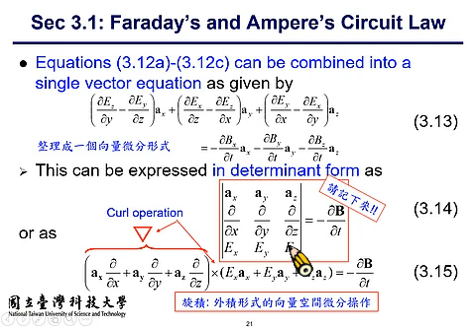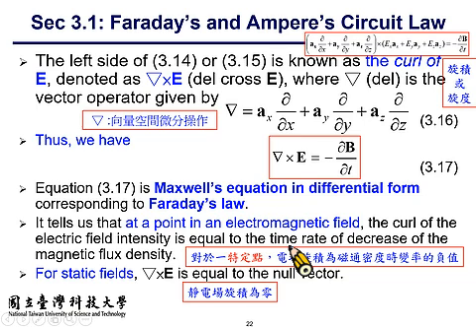And this curl operation is performed in the cross product form, 外积的形式. And this term is the field vectors to be differentiated, and they are associated with the minus of the time derivative of magnetic flux density.